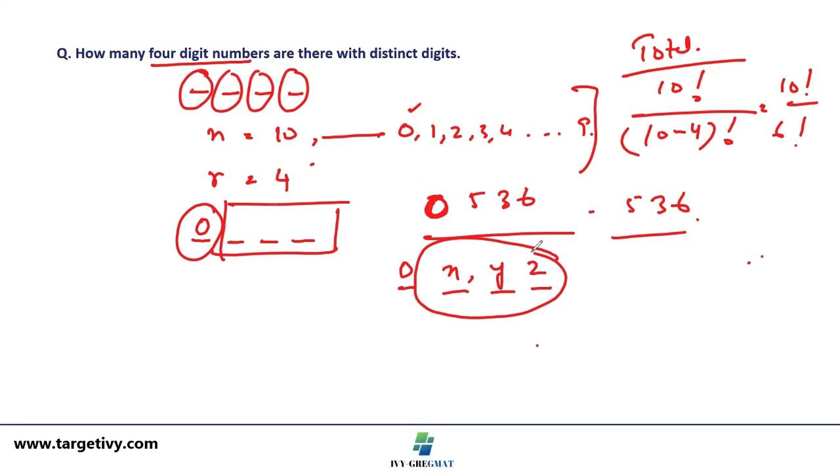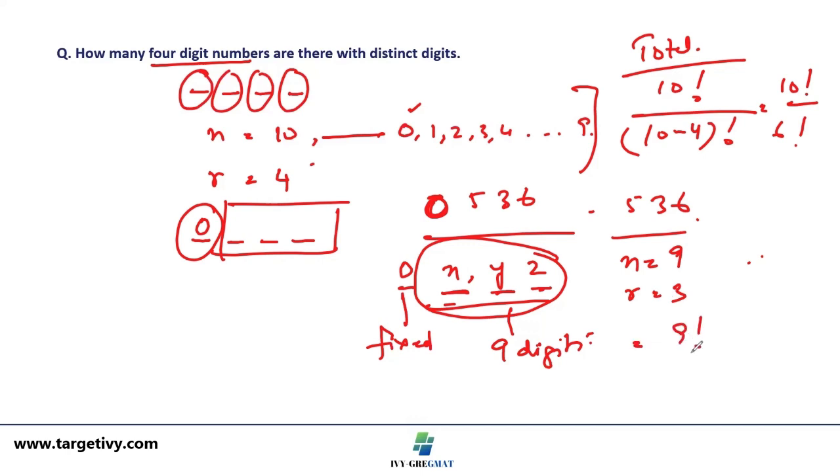So if 0 is fixed, for this we have got 9 digits remaining to be rearranged, taking 3 at a time, obviously, because there are 3 places. So here n becomes 9 and r becomes 3. So the number of arrangements possible is 9 factorial by 9 minus 3 factorial, so that makes it 9 factorial by 6 factorial.